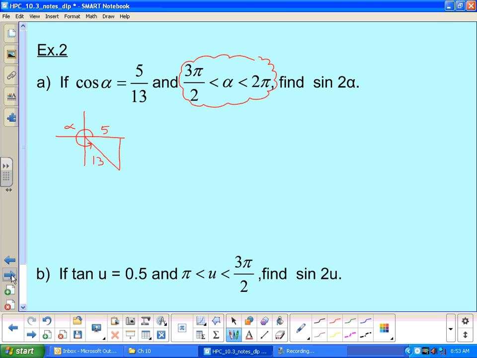And square root that, and that means this side of our triangle, because it's in the negative y area, has to be negative 12. All right, we now have the piece that we needed to be able to find the sine of this angle. So the sine of this angle alpha is equal to negative 12/13.